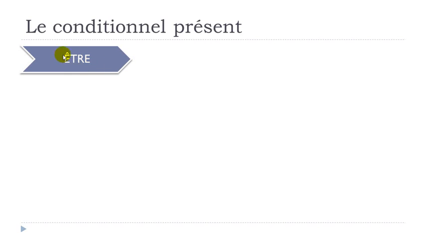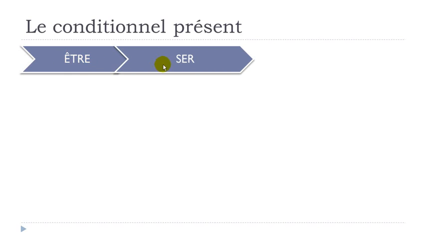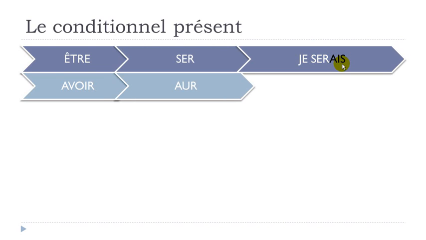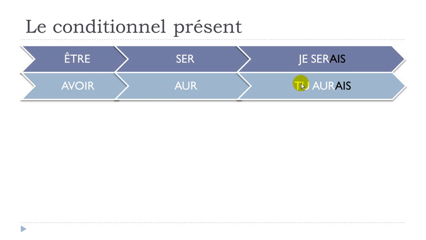So être will become ser. All right? And then after that, you will have to put the endings. Je serais. So you will keep this ser all the time for your conjugation, and after that, you will add all the endings that we saw. Okay? Avoir will become aur. Same thing here. After that, you will add all the endings. So, tu aurais.